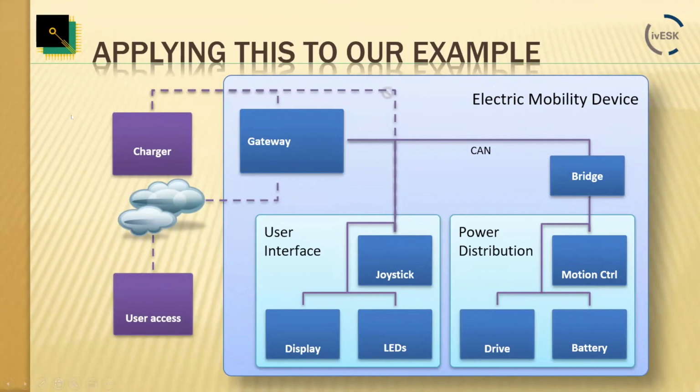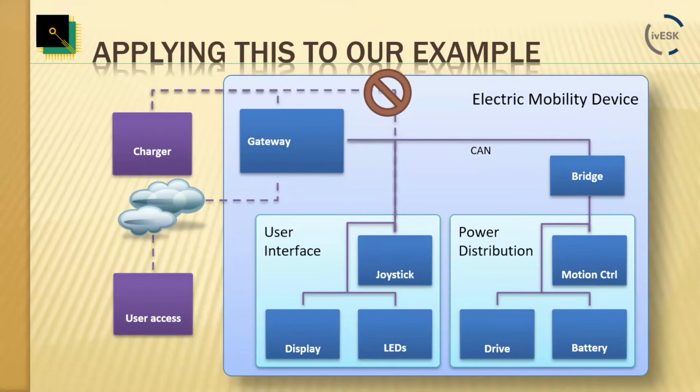What can we do? Well, number one, I don't think I'd mentioned this before, but try to avoid easy direct access to any of your internal CAN networks. I mean physical access.